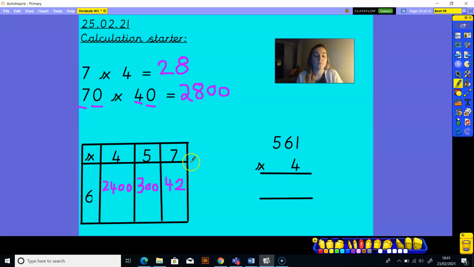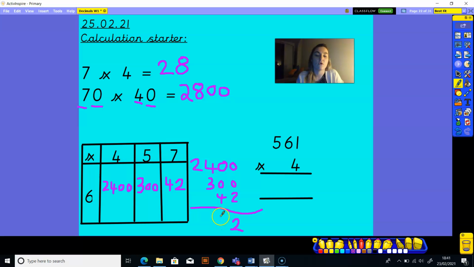Then we just need to make sure that we are adding up the answers to those multiplications that we've just done so that we get the total, because all of these numbers are equal to our answer. So let's just make sure that we are adding those up. Okay, so I've got 2 in my ones, that's the only one I've got in my ones.